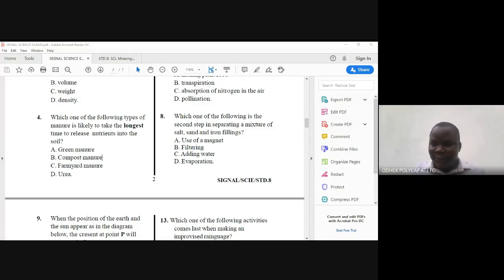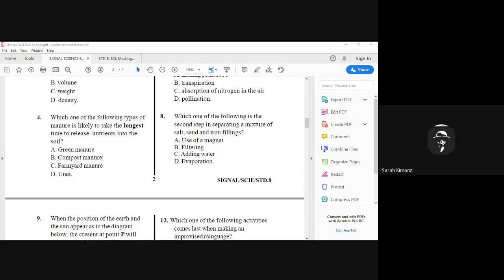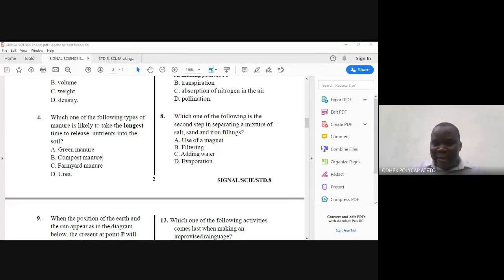Kitchen refuse is the main product. The main product to be decomposed.